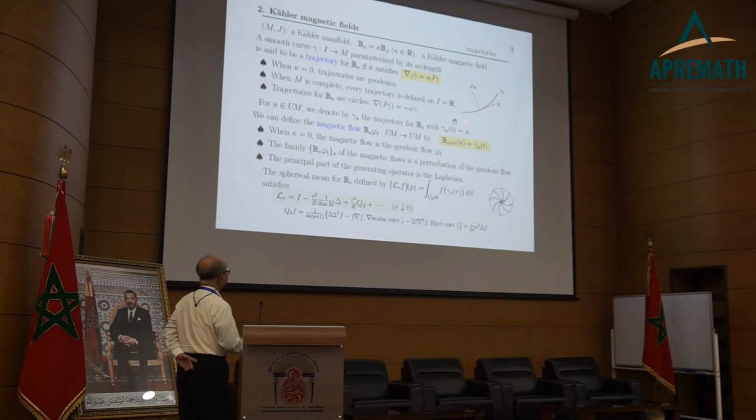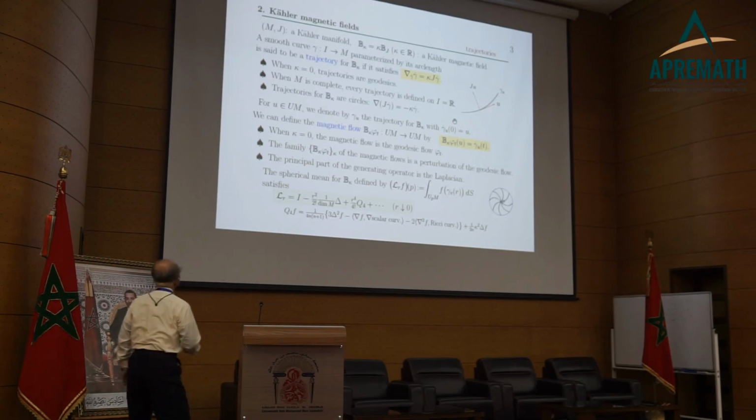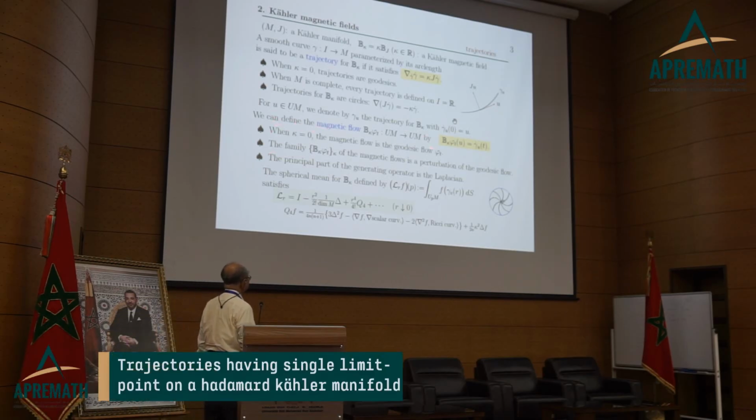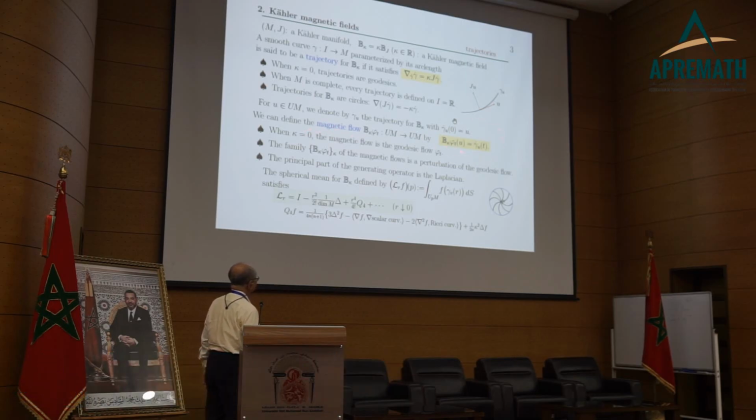So this is a trajectory, and just like we define the geodesic flow, we can define the magnetic flow by this. Of course, when kappa equals 0, the magnetic flow is the geodesic flow. So the family of magnetic flows is a perturbation of the geodesic flow.